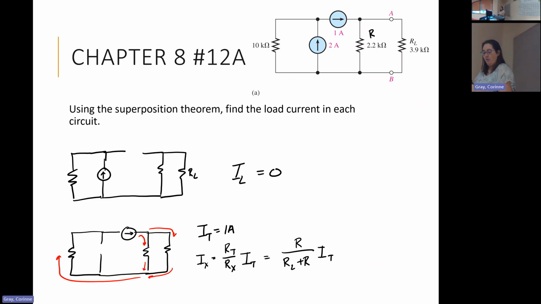And remembering here for RT, for the current divider part, we only want these two here for RT, because those are the two that are in parallel.